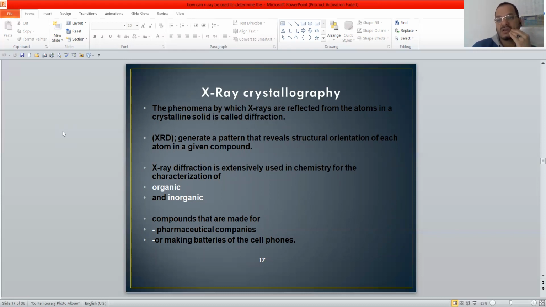And actually, let me say, this X-ray technique is not just to determine the crystal structure; we can use it to analyze proteins, DNA, and pharmaceutical compounds, related to the medicine field, or making batteries for cell phones.